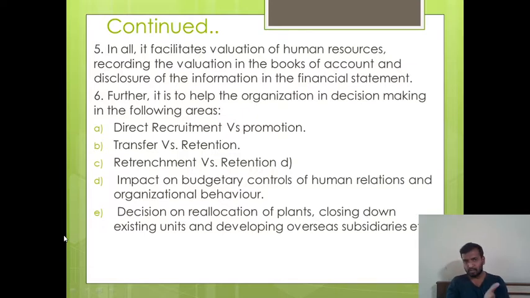If human resource accounting is followed in that organization, then the management can easily take decisions on reallocation of plants, closing down existing units and developing overseas subsidiaries, etc.